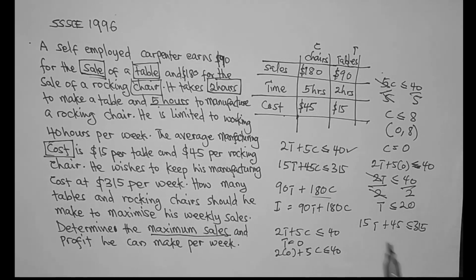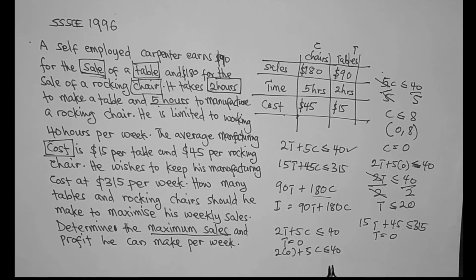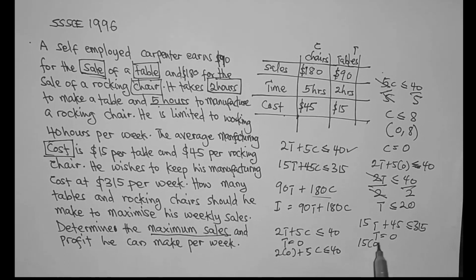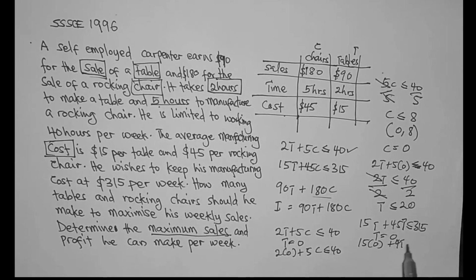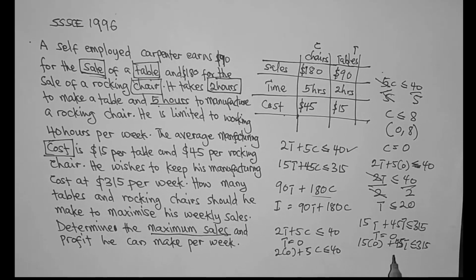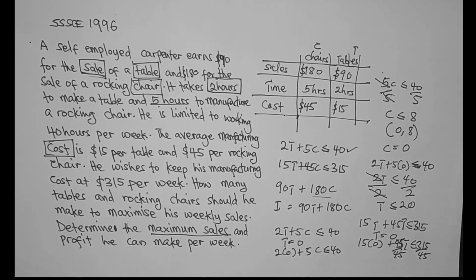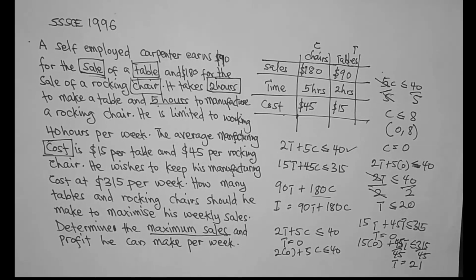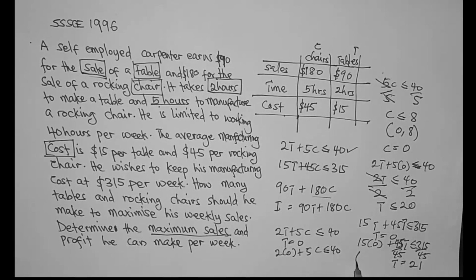Let's set T equals 0. So it becomes 15 times 0 plus 45C, so 45C is less than or equal to 315. If we divide through by 45, we find out that C is equal to 7. So we have the point 0, 7. Now we set C equals 0: 15T is less than or equal to 315, so T is 21.